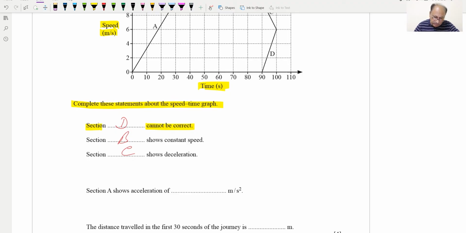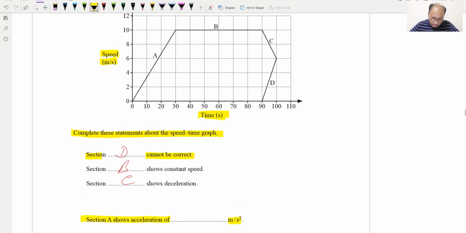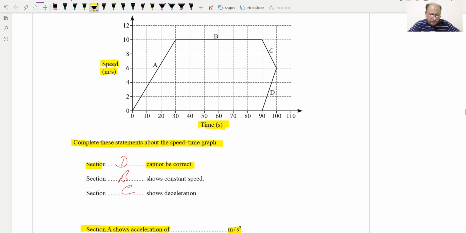Now section A shows acceleration of, we need to find the acceleration for section A. For that, we can draw this line and find the slope of this A. The rise will be 1 2 3 4 5.